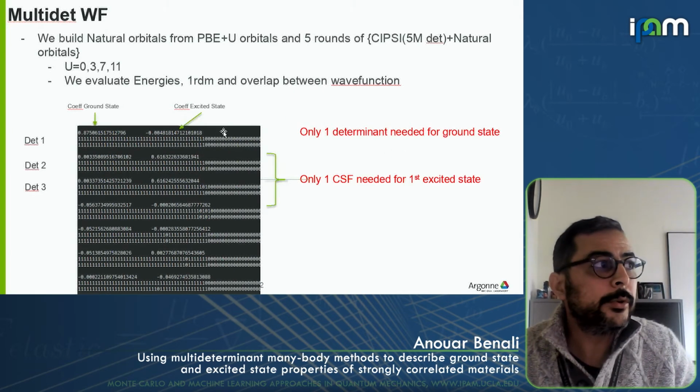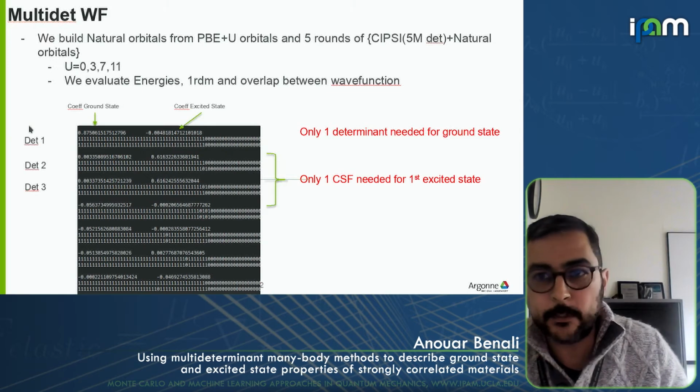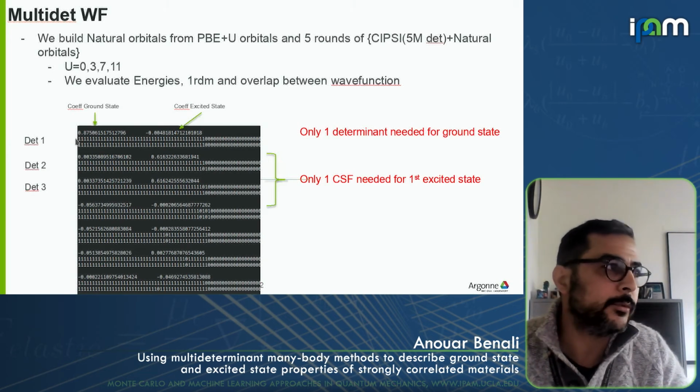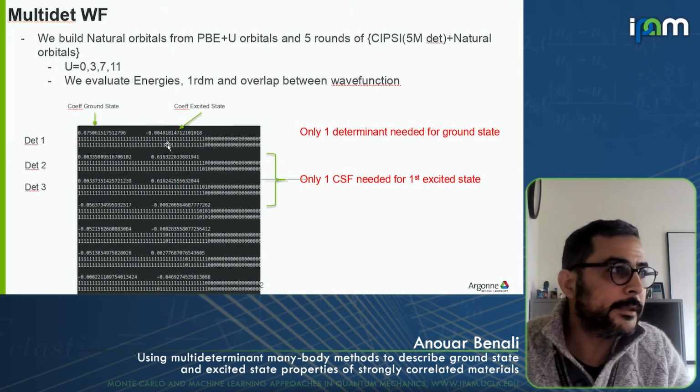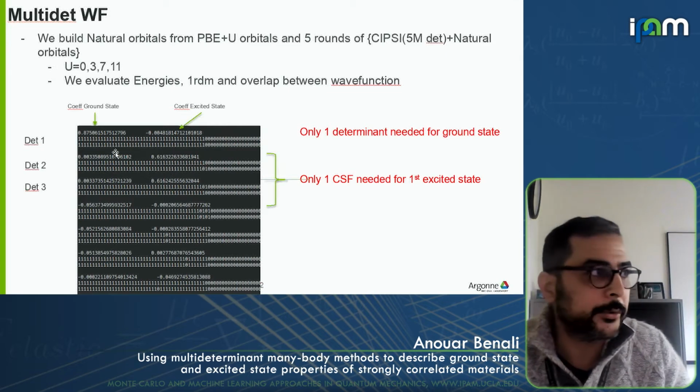Now, I tried to look and understand a little bit more, and bear with me, we are still trying to find a way to represent determinants in a fashionable way, but this is the only way that we have. So this is the first determinant, second determinant, 1s and 0s correspond to occupied and unoccupied.